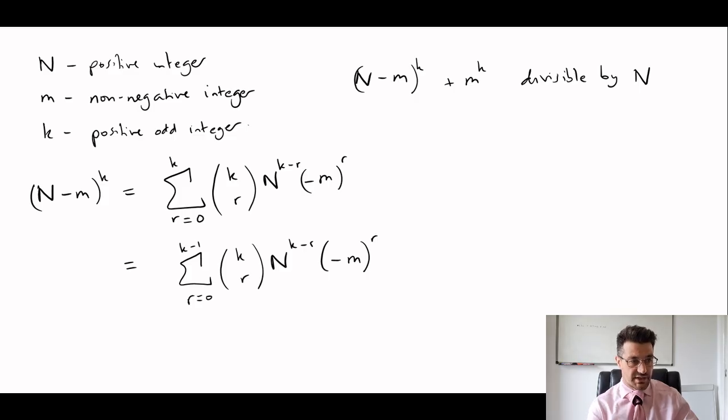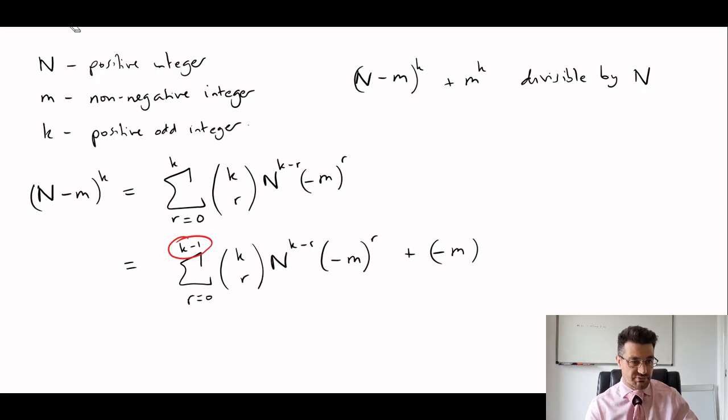Now notice what I've done here is that I'm only summing up to k minus 1 rather than k, because I'm going to tag on the end the (−m)^k term.